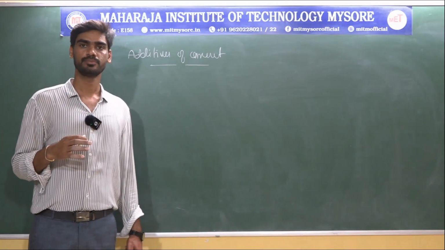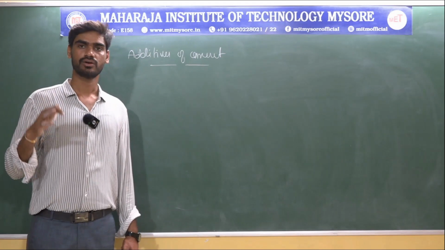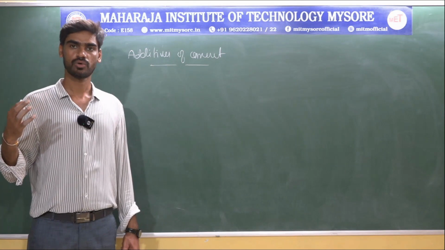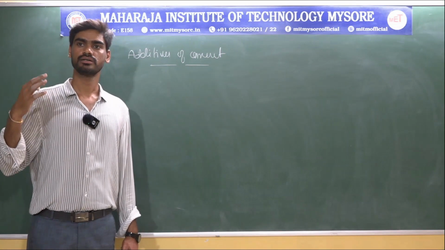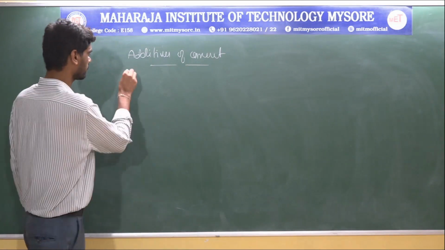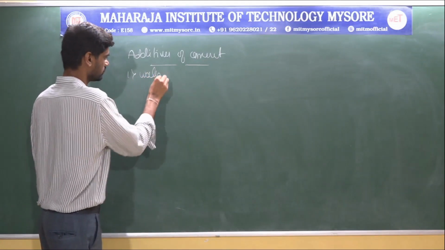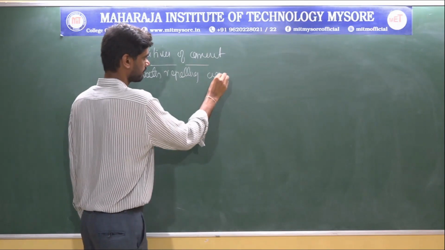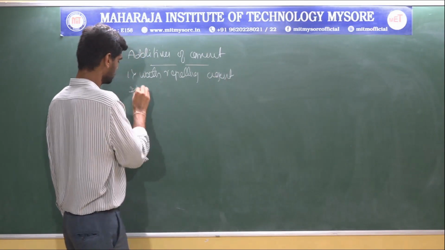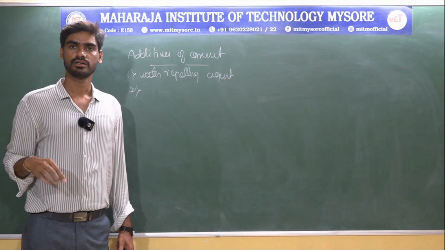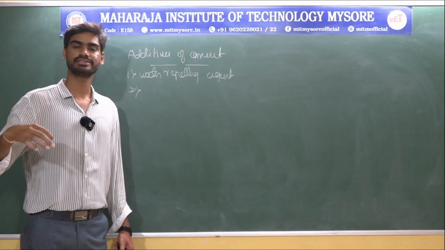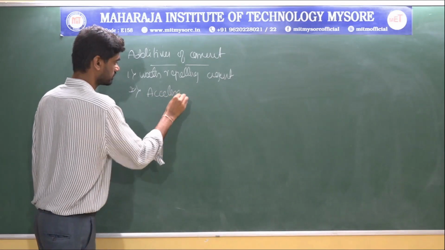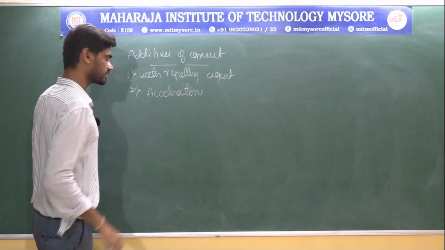The first important additive which is added to the cement to increase the quality of cement is the water repelling agent. The second important additive is accelerators.